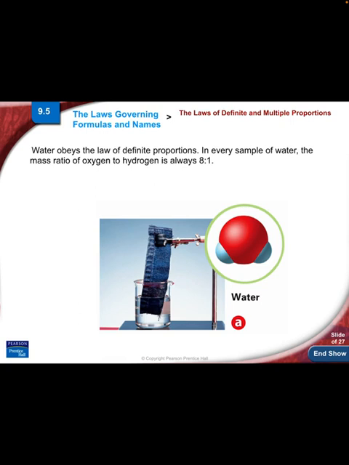I know it's 1.0017 or something like that, but for our practical purposes, there are 2 hydrogens each with a mass of 1 for a total mass of 2, and oxygen has a mass of 16, so the ratio is 8 to 1.